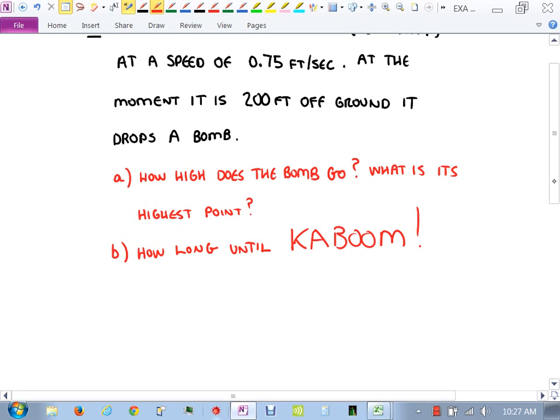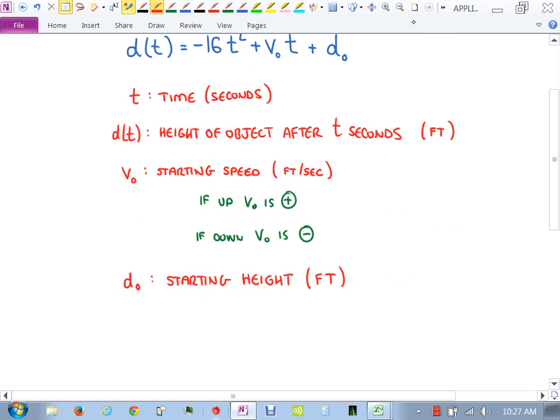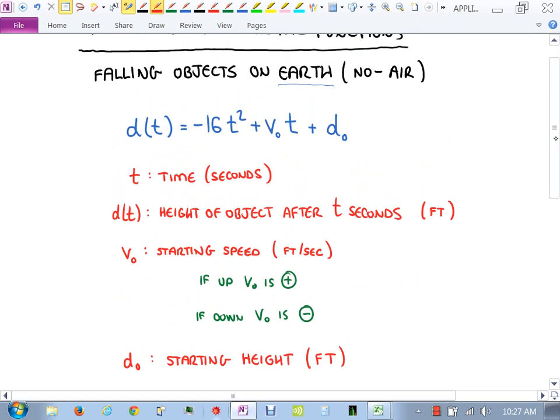But this is a quadratic function, right? So what do you think the highest point of the bomb corresponds to? Go back to what everything falling on Earth looks like. That is a quadratic function, isn't it? Our variable here is t squared, t, so isn't this like ax squared plus bx plus c?